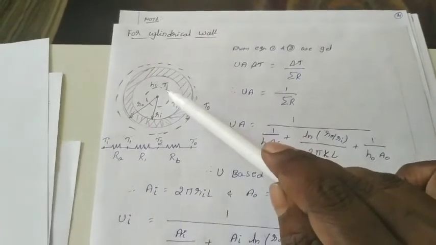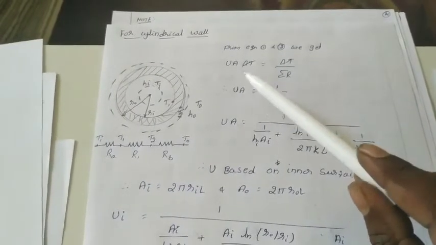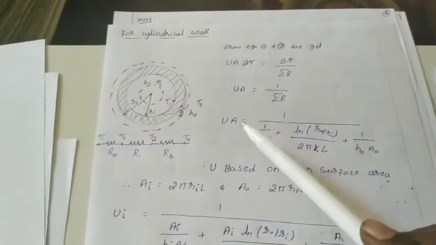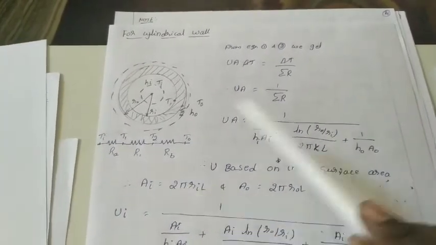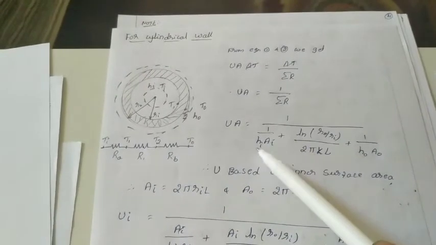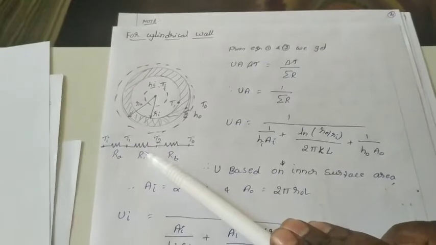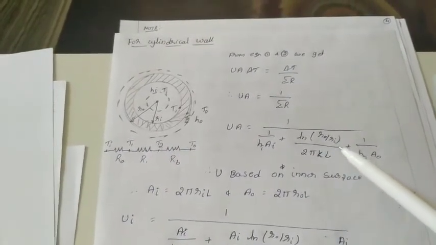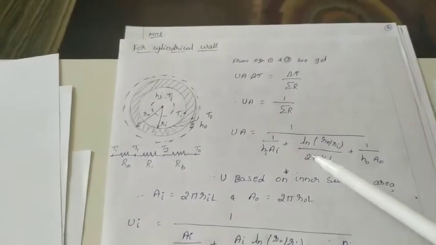So now from equation 1 and 2 again, that is UA delta T divided by delta T divided by R, delta T cancels, UA divided by 1 by R. So UA is equal to 1 divided by, look at it, the convection resistance should be the same. So 1 by HiA, but the conduction resistance for the cylinder changes, that is ln of R0 divided by Ri.